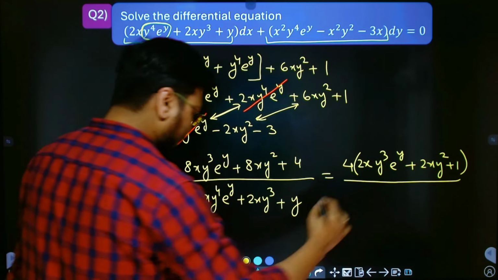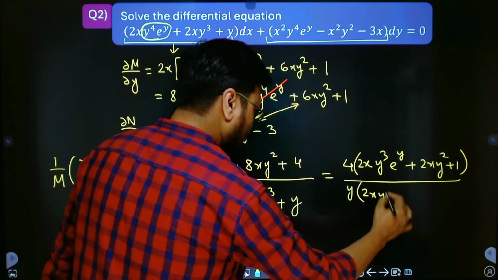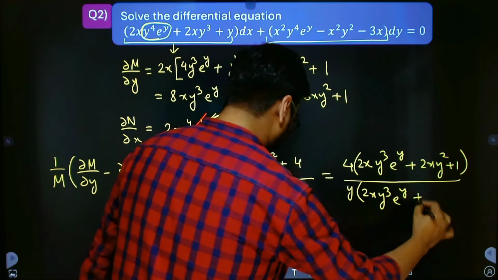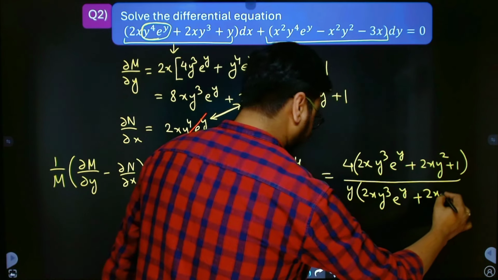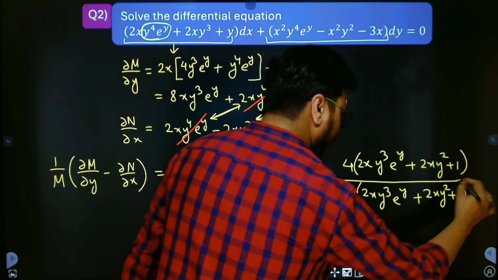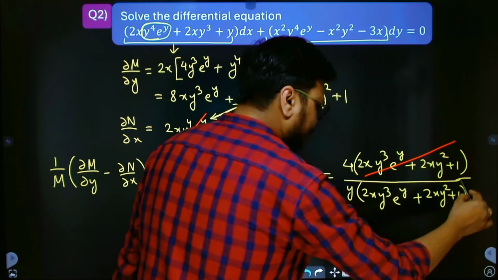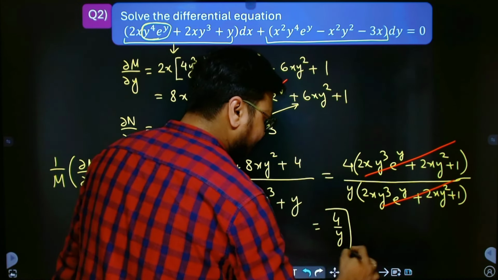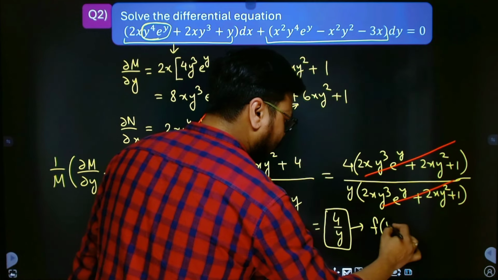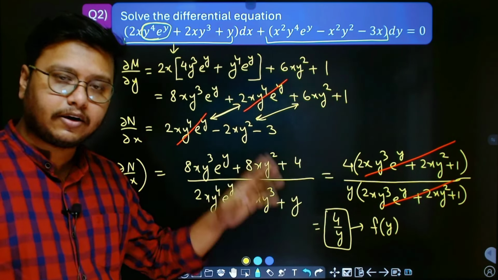So if I take a y common from the denominator, I have 2xy cube e to the power y plus 2xy square plus 1. Again, you can see numerator and denominator are the same, so they will simply get cancelled out. We are left with 4 upon y. That is our function of y. So rule number 2 has been satisfied.